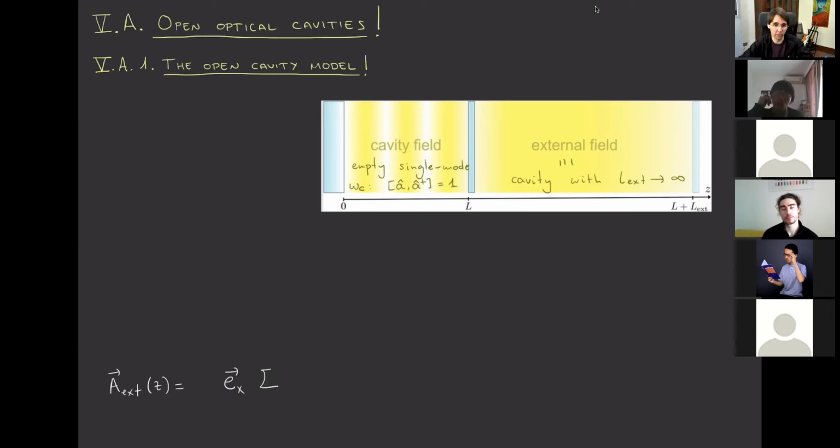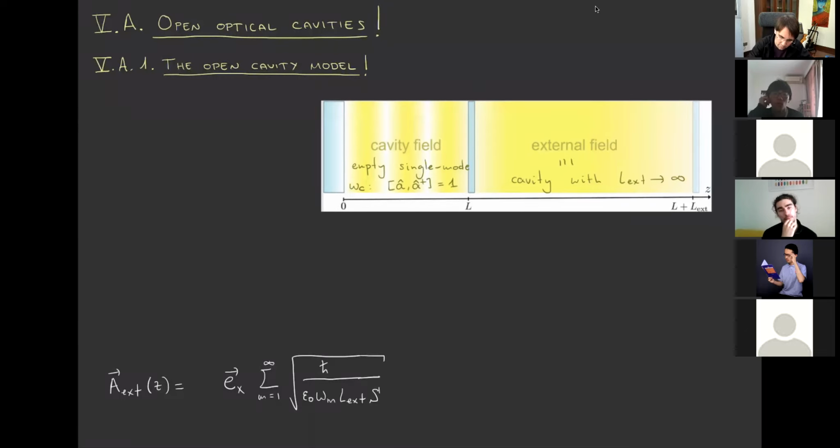Within the quasi-1D approximation, this is just all the modes of the external cavity with the corresponding amplitudes, that is h bar divided by epsilon 0, a frequency omega m, the external cavity length, and then the surface, the transverse area of the cavity.